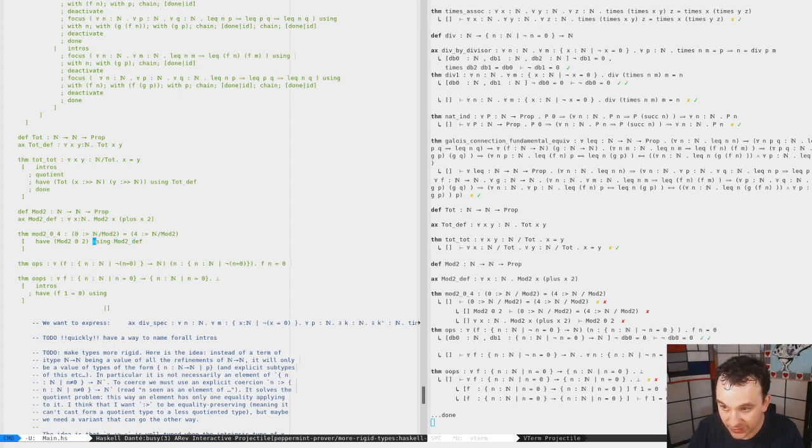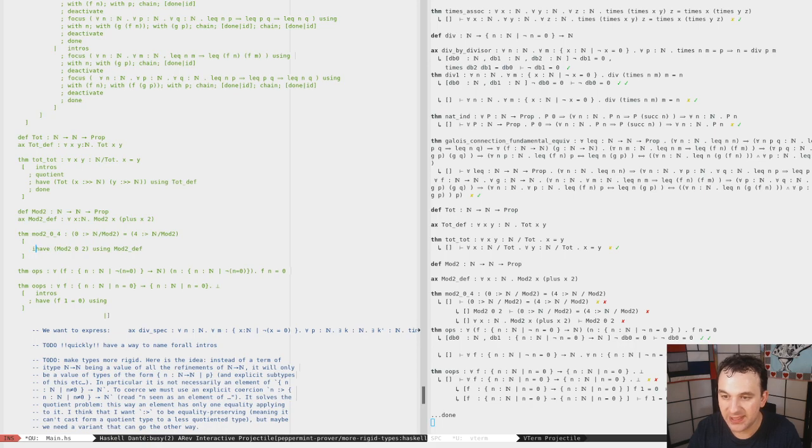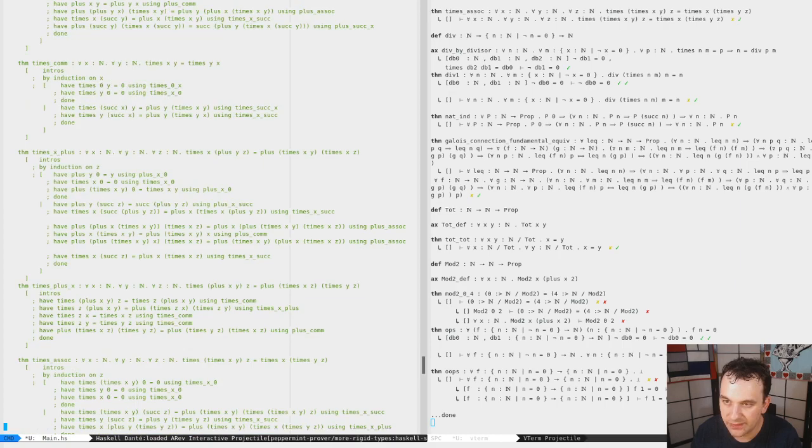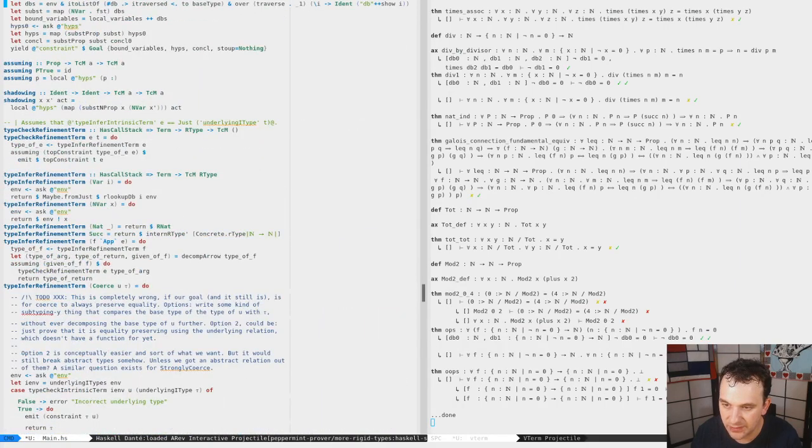Okay, so first, we want to say even more obvious things. Namely that we have that... how do I prove anything about plus? I guess I have an axiomatization of plus.